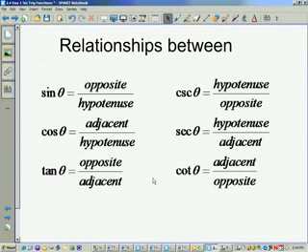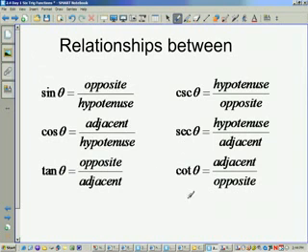All right, now let's look at the relationship between sine, cosine, tangent, and cosecant, secant, and cotangent. Notice that cosecant and sine have a relationship where they're reciprocals, which means the fraction is just flipped over. Same with cosine and secant, tangent and cotangent.